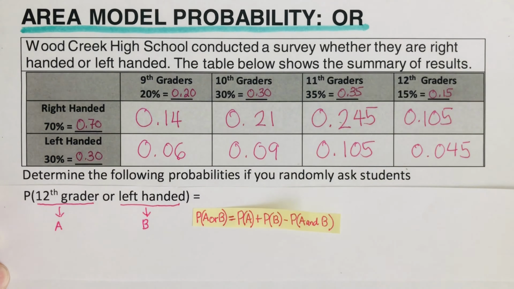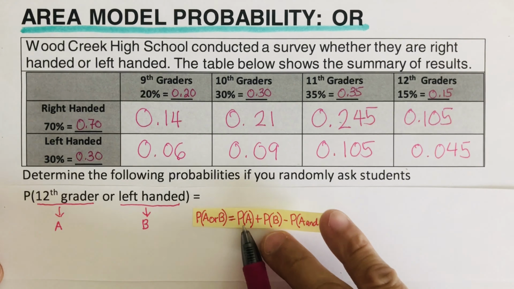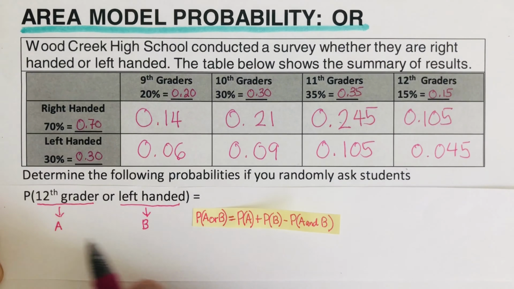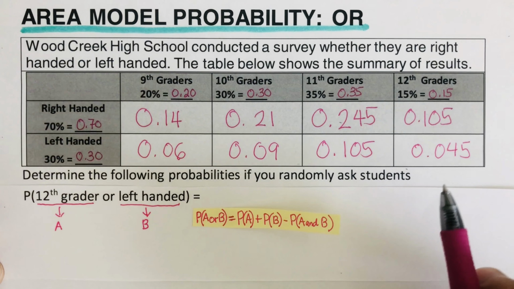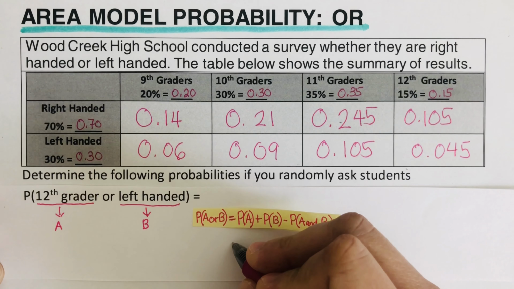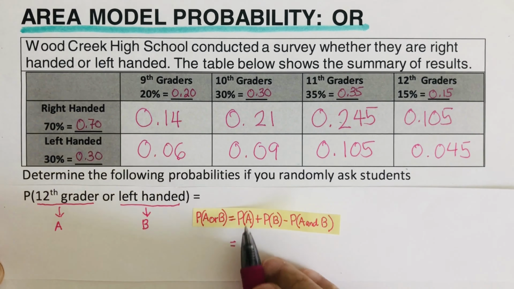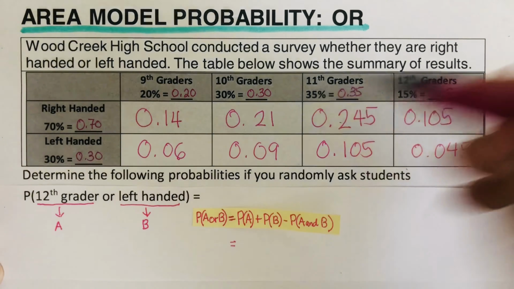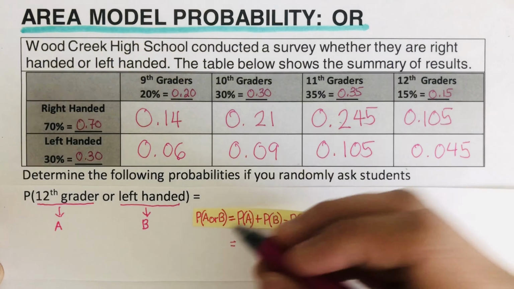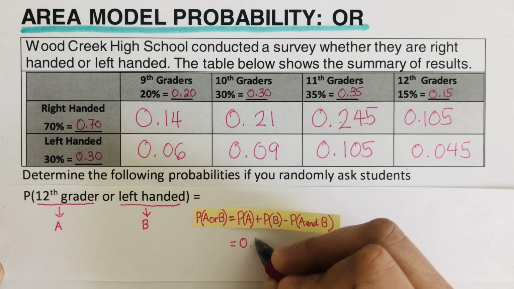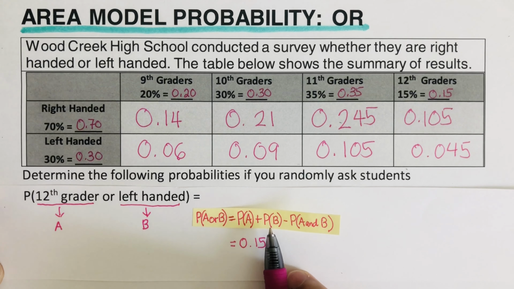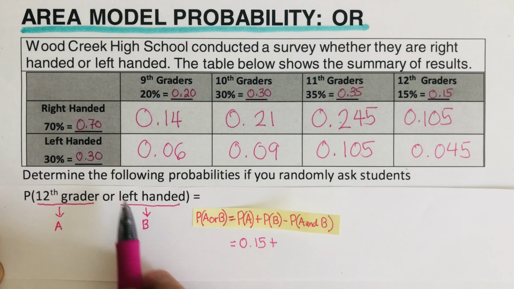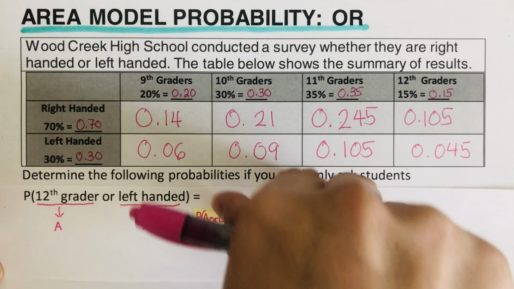So then if we plug these values in, the probability that it's an A, which is 12th grader, is 0.15. So I'm gonna plug the values in here. So probability of A, our A is 12th grader, it's 0.15. So 0.15 plus the probability of B, our B here is left-handed, it's 0.30.